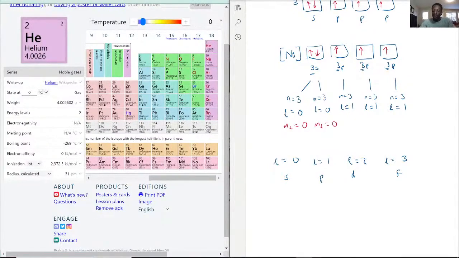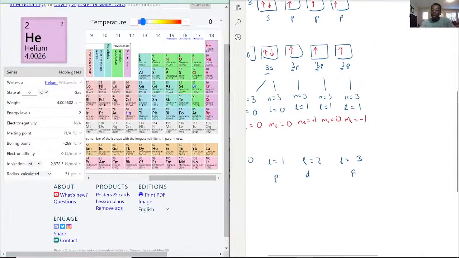Here we want to list out all the positives and negatives, and it's up to you how you want to assign them. I'm just going to start like this. ML here for me will be positive 1. Here, ML will be 0, because you want all combinations from the negative to the positive value of L, so it does include 0 as well. And here, as you probably guessed, ML will be negative 1. So we have positive 1, 0, and negative 1.